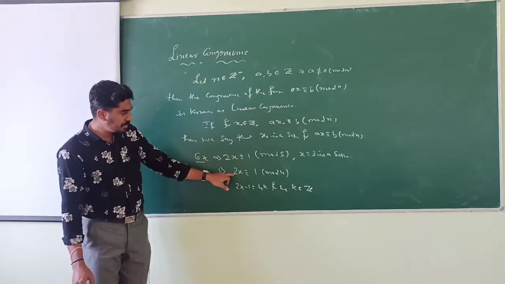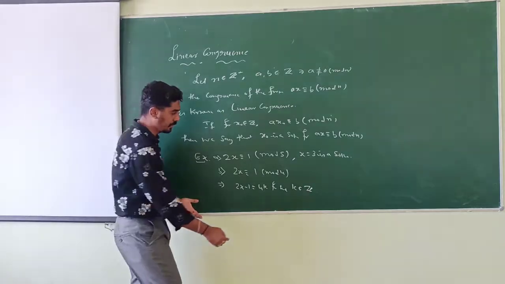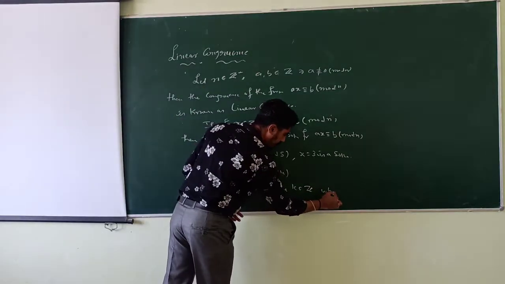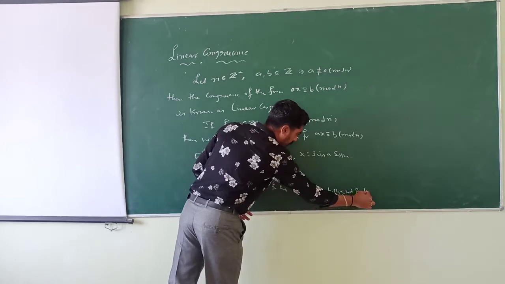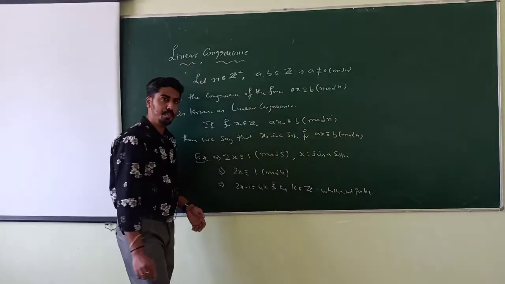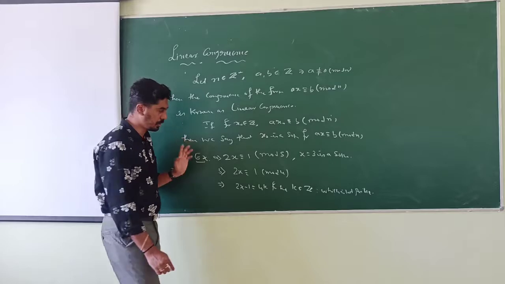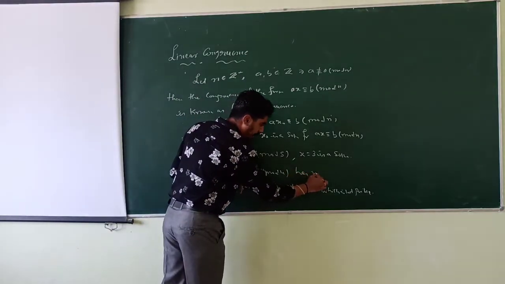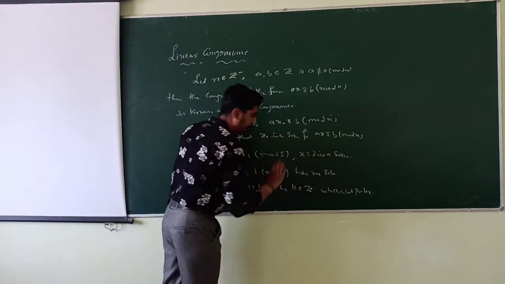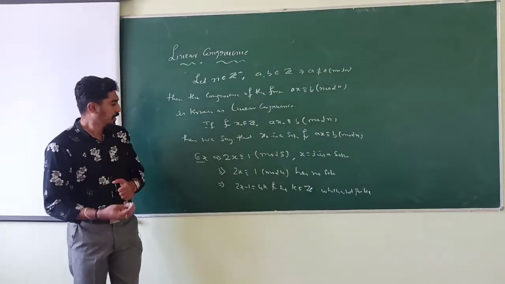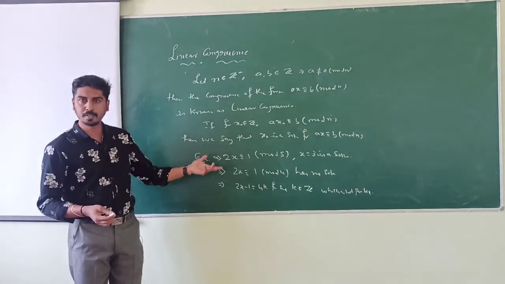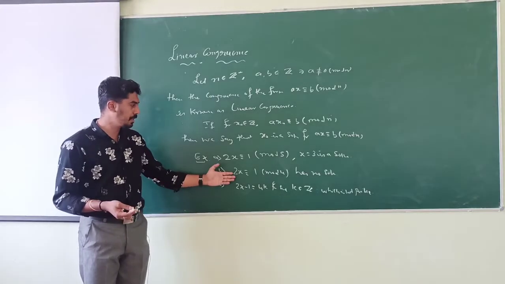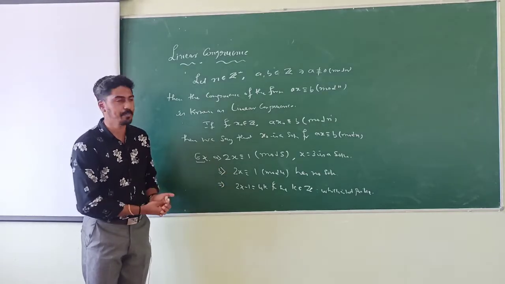So this congruence has no solution. Okay, so we have two examples. The first example has a solution, and in the second example, we don't have a solution.